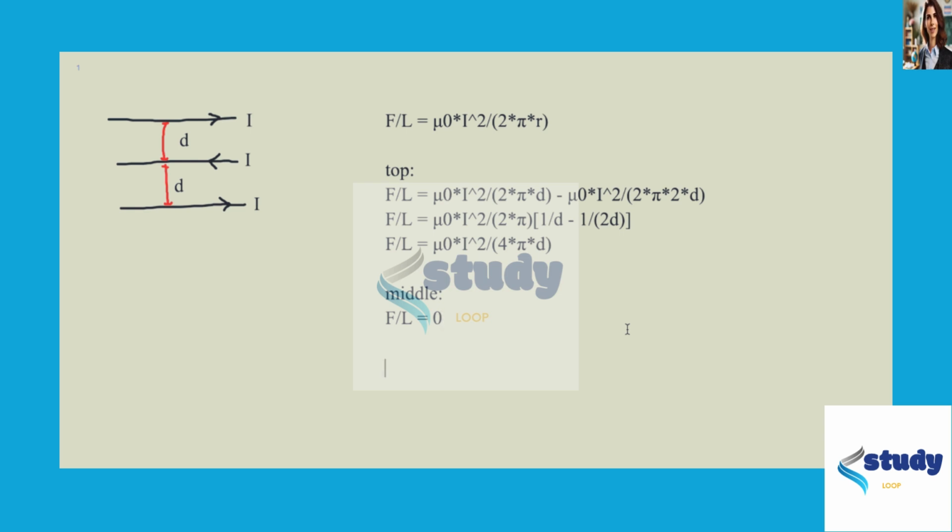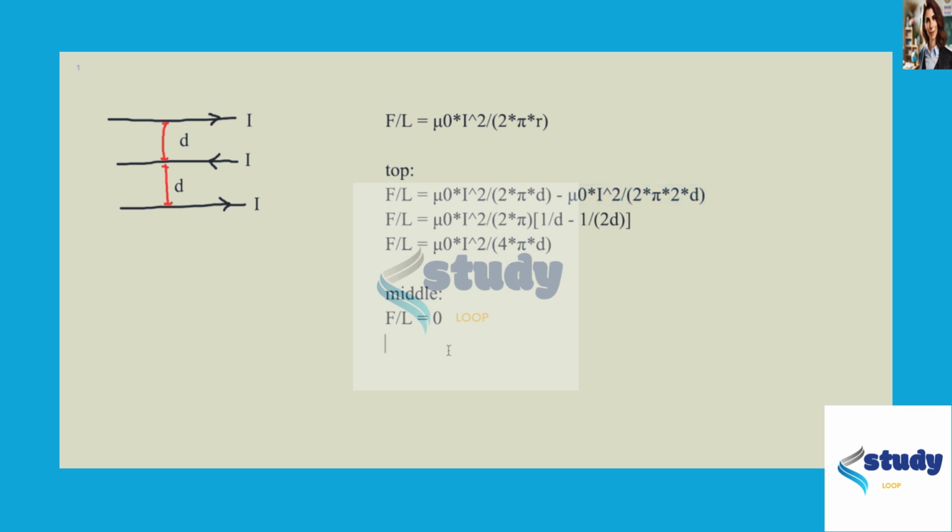Now let's think about the bottom wire here. We could explicitly go through and do the same calculation, but hopefully you can see that because of symmetry, we have a middle wire that is separated by a distance d, and we have a farther wire, the top wire, in an opposite direction. That's going to contribute the same magnitude as over here, separated by distance 2d.